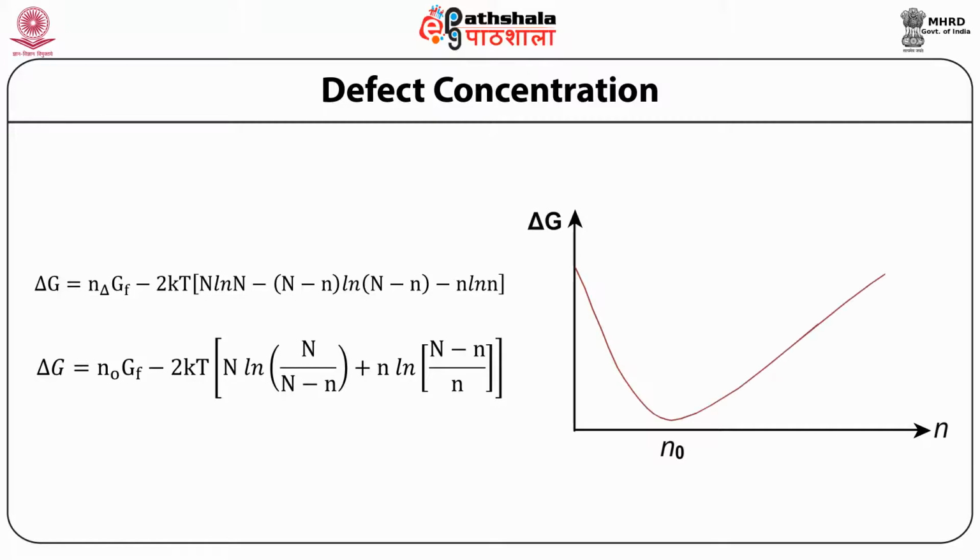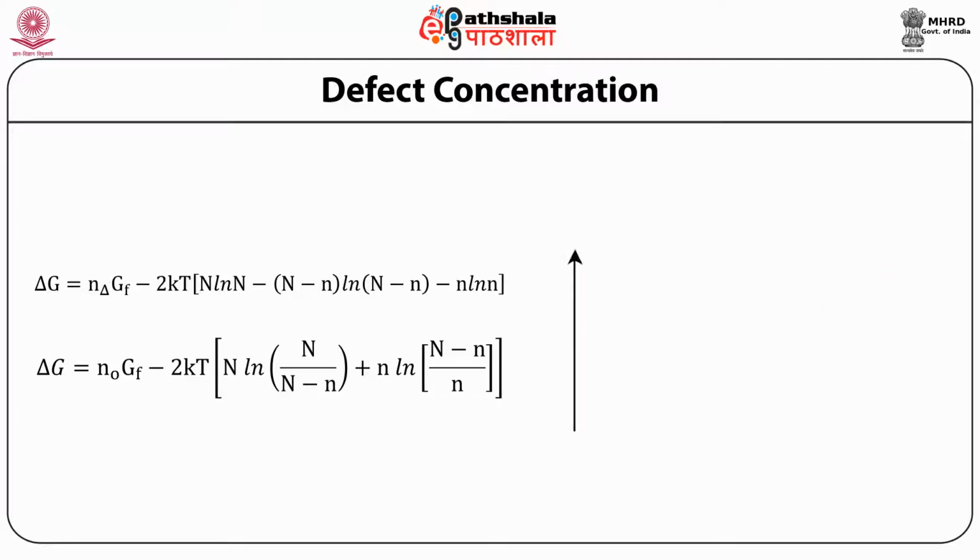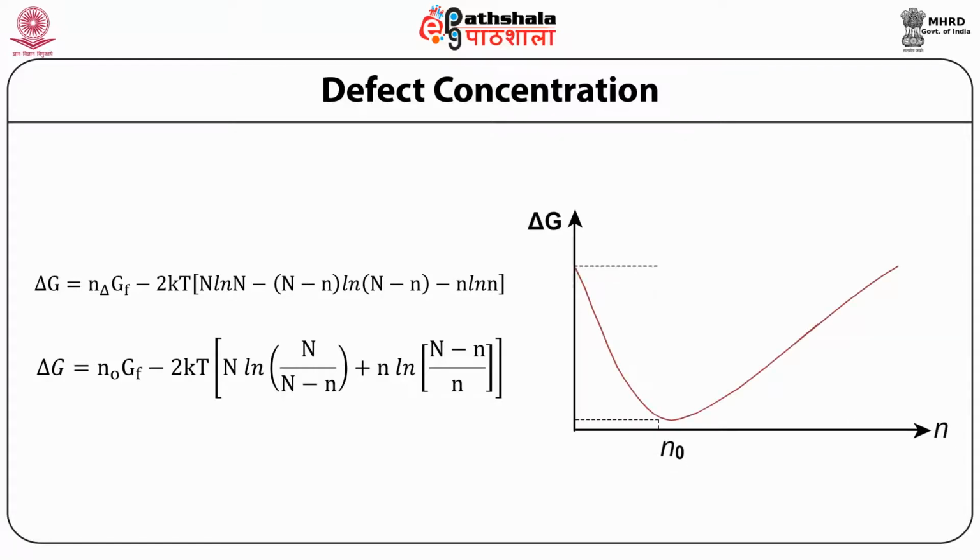So students, you can see a figure below this expression showing the equilibrium vacancy concentration. Now, if vacancies were stable defects, then at a certain concentration the free energy change has to be minimum, which is shown in this figure, and this corresponds to delta G minimum. Hence, at equilibrium, we can safely write that the first derivative is 0.